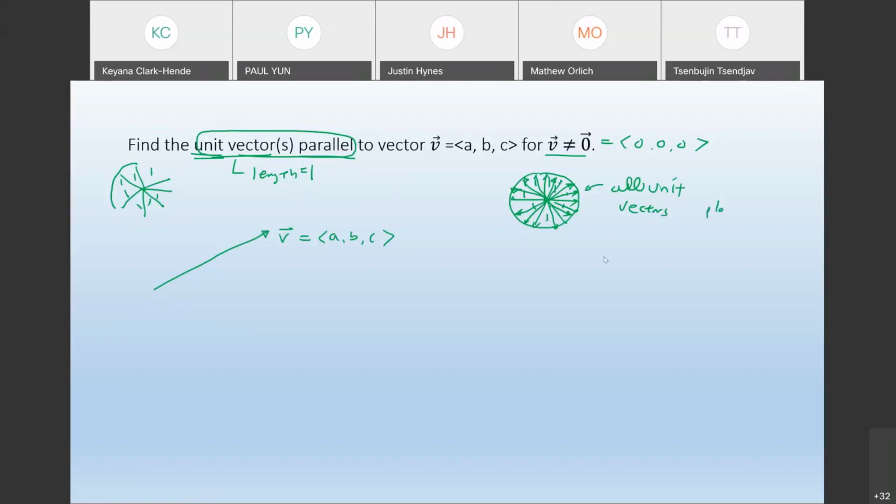How about in space? What are all the unit vectors in space? Tell me, how do you describe all unit vectors in space? How do you draw those? What do you think we should draw? Here, Justin is correct. Hey, why don't you draw all the vectors? I say length 1, right?